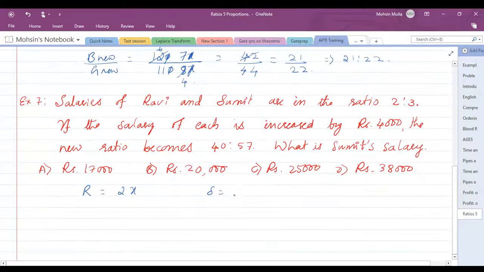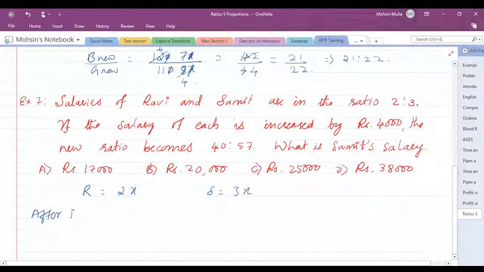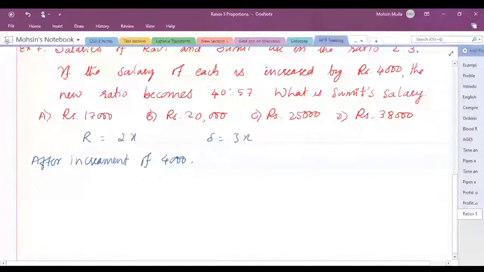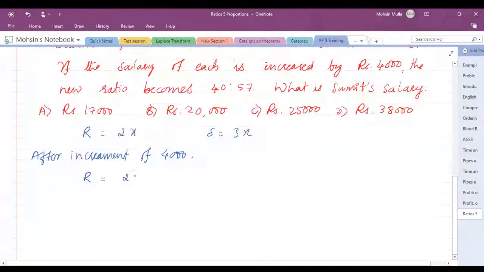After an increment of 4000, the new values are 2x plus 4000 and 3x plus 4000.